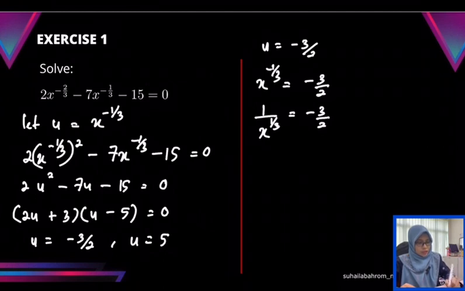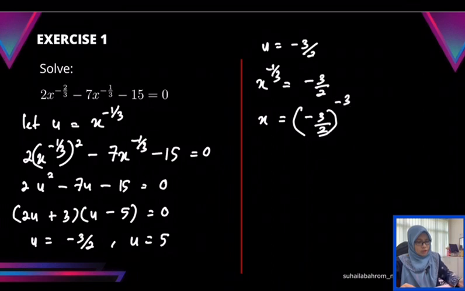Therefore, our x, so 1 over... or we can just change to the other side, the power of negative. So we have here x is equivalent to negative 3 over 2 power of negative 3.